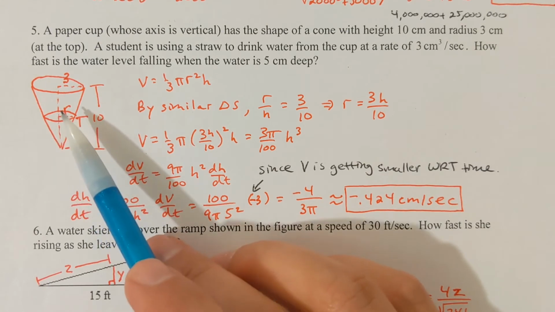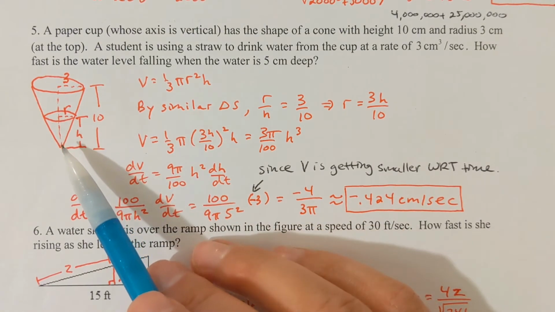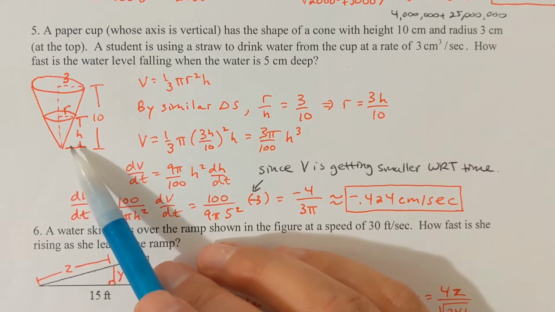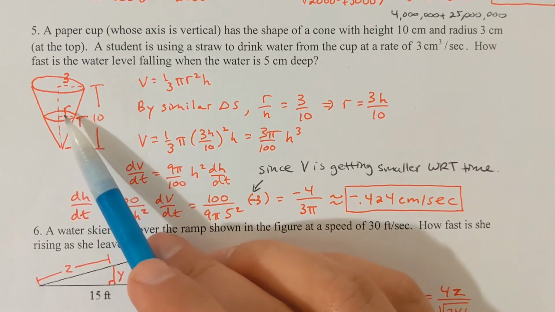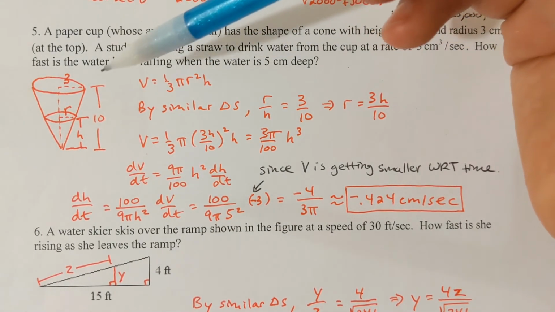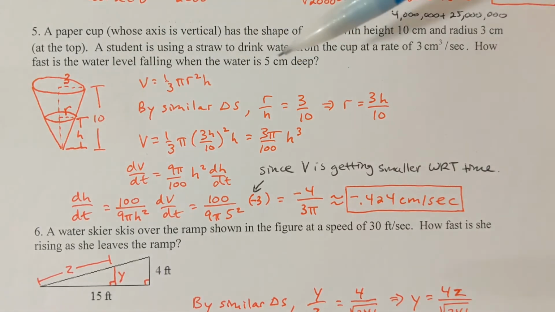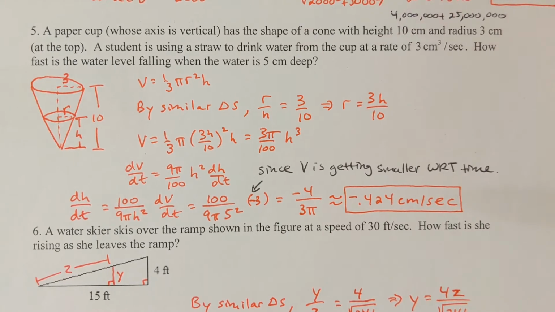So there's water in the cup, which is also going to be in the shape of a cone. And I'll call the height of the water h, and the radius of the circular top would be r. Now, as the student is drinking water from the cup, r is changing and h is changing. Both of those are getting smaller, right? Now, what do we need to find in the problem?